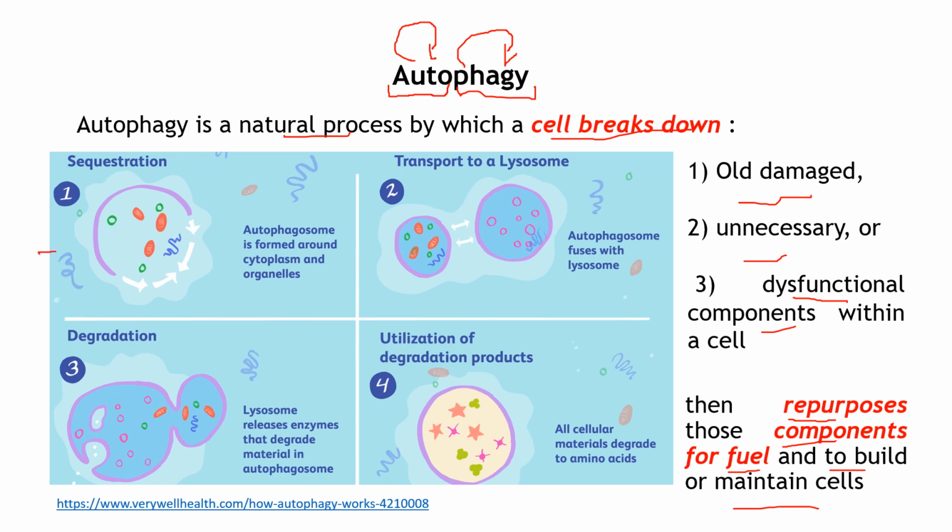So sequestration: you have this autophagosome that is formed around the cytoplasm and organelles. Here you see how the autophagosome finds the places of the cell that are old or unnecessary. Then all these sections, for example these mitochondria, these different organelles, fuse with the lysosome, and if you remember, the lysosome is full of enzymes.